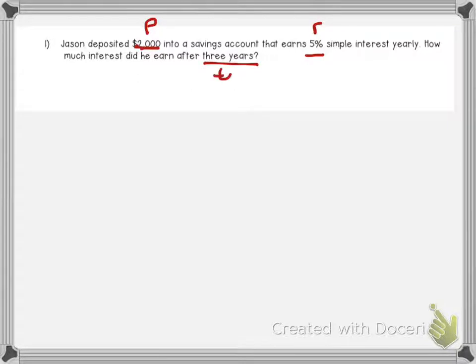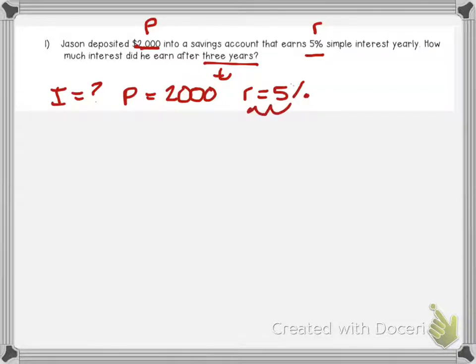So there's your time. So here I don't have interest, so that's what I'm looking for. My principal is $2,000. My rate equals 5%, and remember we want to convert that to a decimal, so that equals 0.05, and then my time equals 3 years.